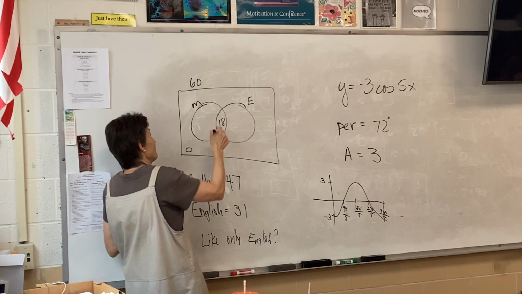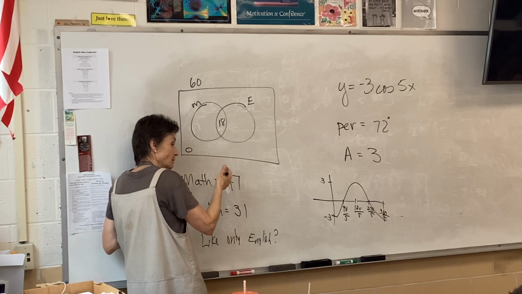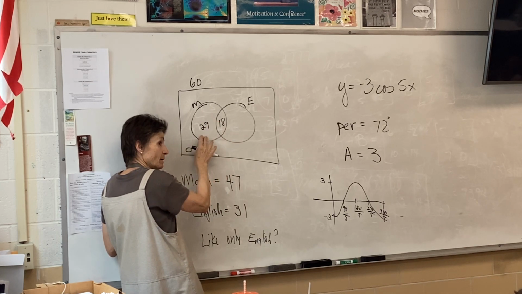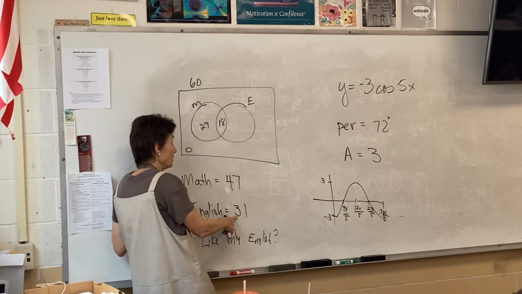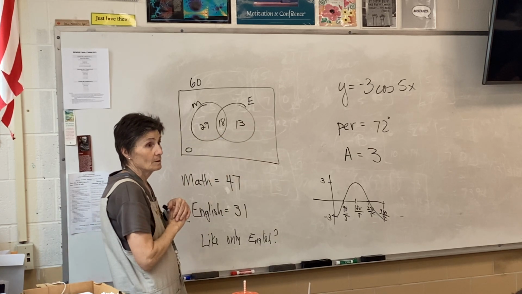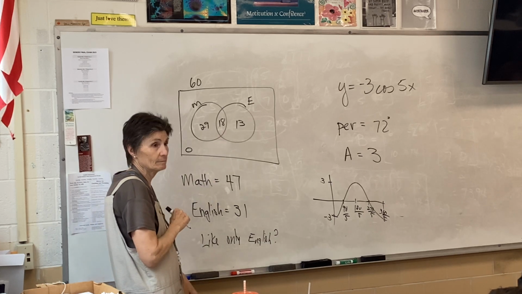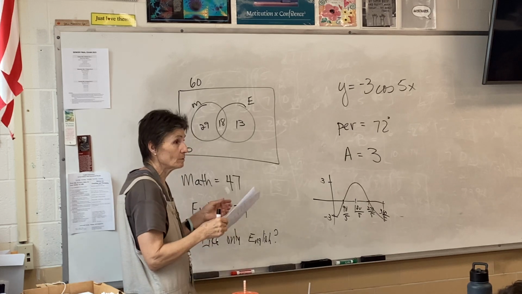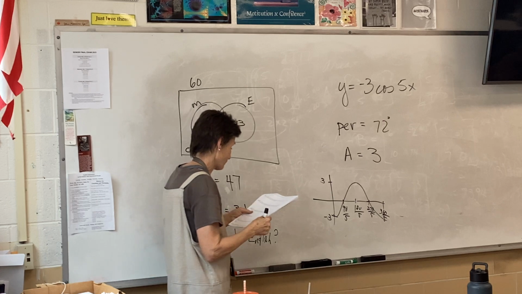And if the math ball holds 47 people, but 18 of them are already counted, then there must be 29 of them here. And the English ball holds 31 people, so there must be 13 of them here. So what's the question? How many like only English? 13. Right? Remember, if I'm doing it today, it's on the exam.